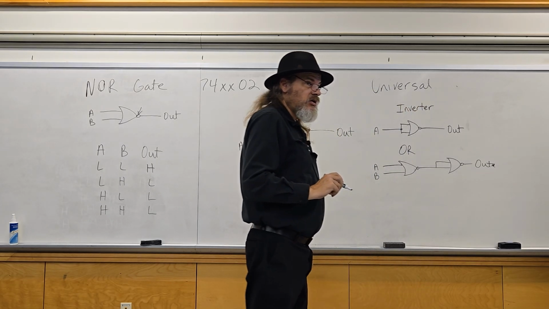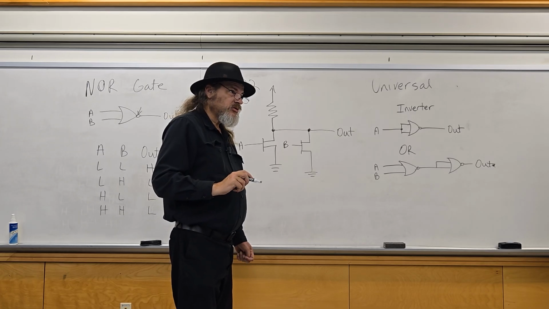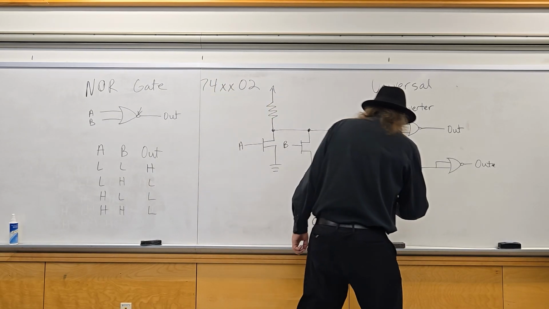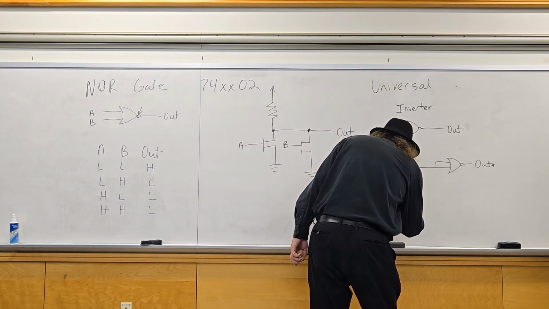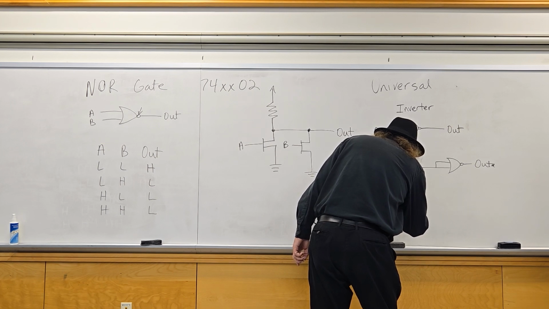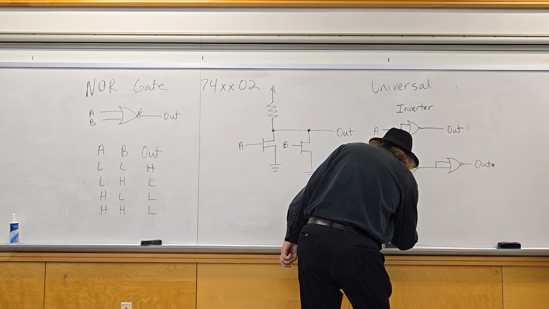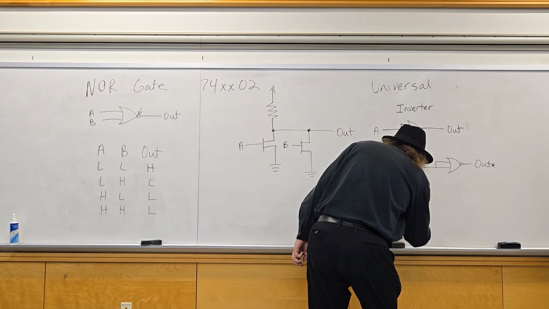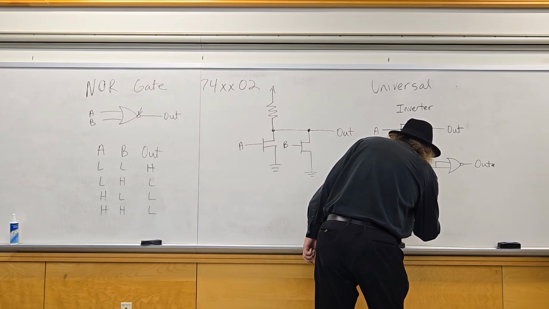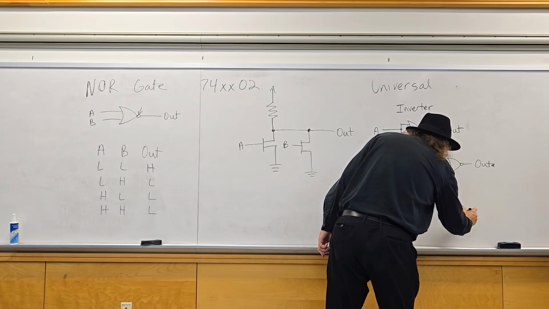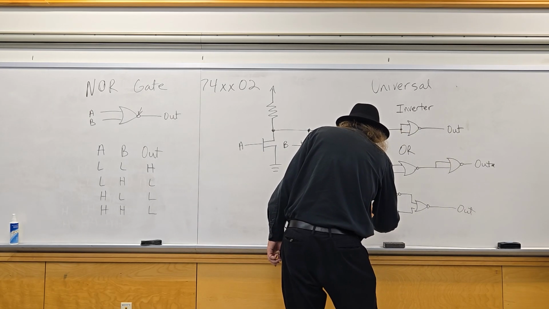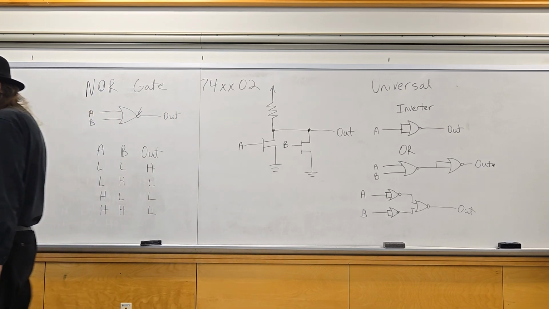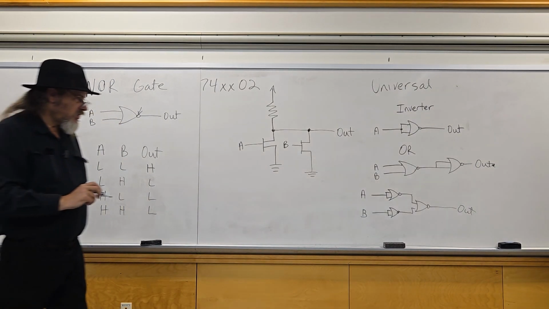And similar to the NAND implementation of the OR gate, the NOR implementation of an AND gate is invert the inputs and run them through a NOR gate. Oh, that's the AND.